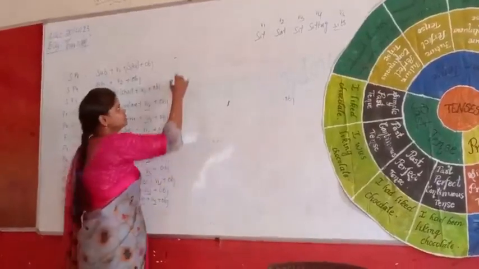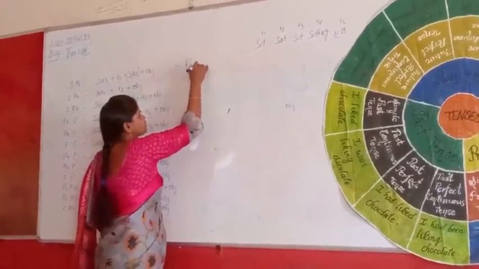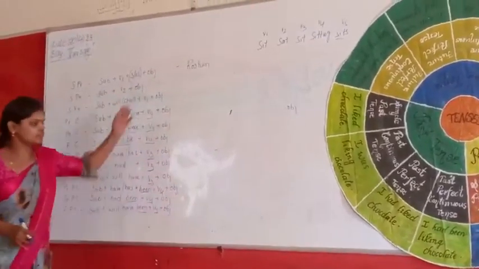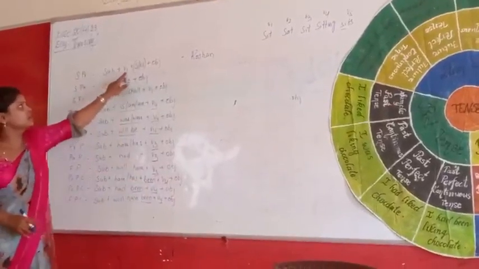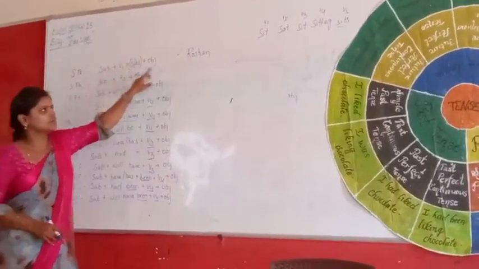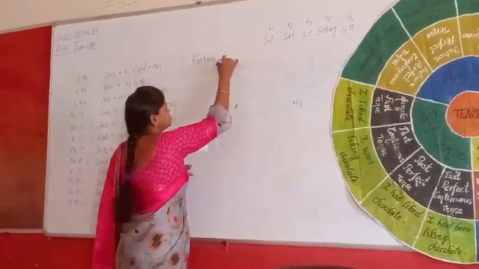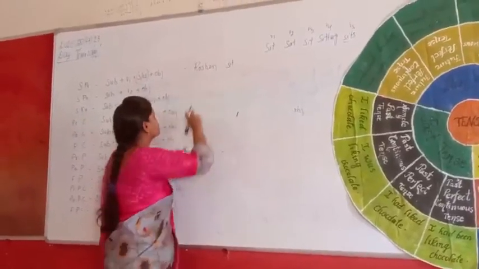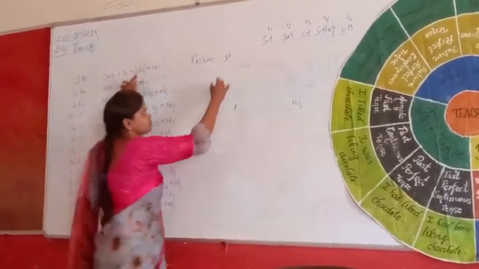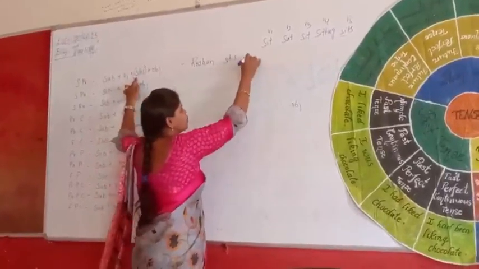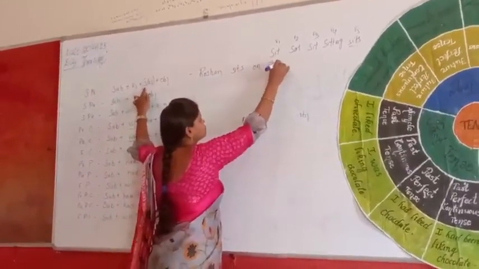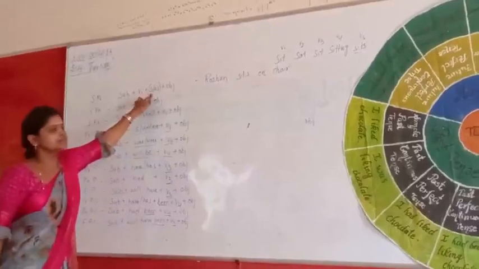Let us use Roshan. Roshan is the name we use for everything. V1, what is the V1 we are using here? Sit. Roshan is singular, so we should add S. Sits on chair. Roshan sits on chair.